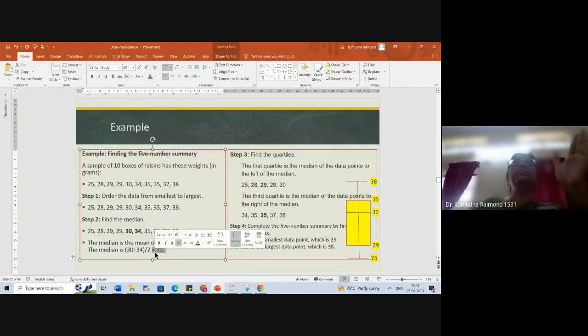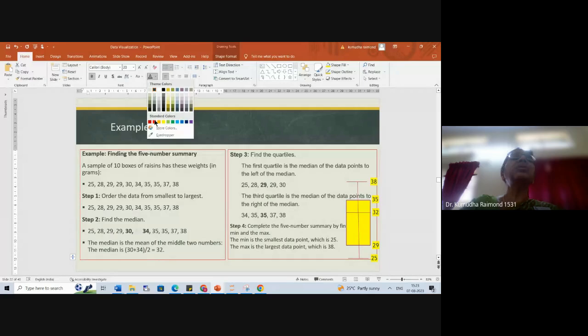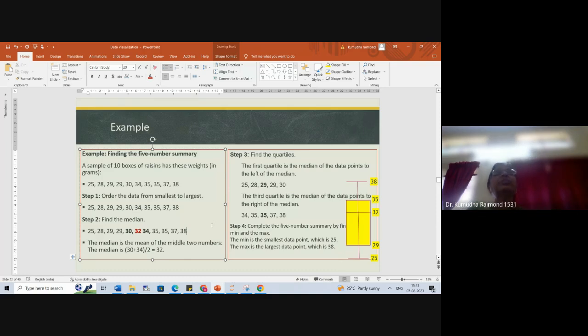So what is the first quartile? Whatever data points I have on the left hand side of the median. For example, I'm writing here. Okay, so this is my median which I have derived now. It is not a part of the original data set, but we have calculated this median.